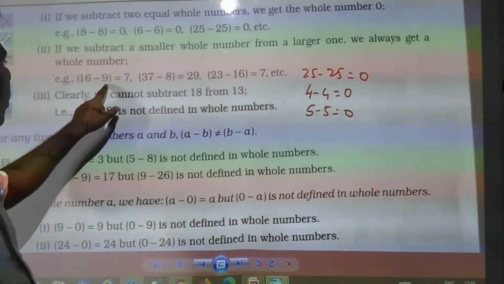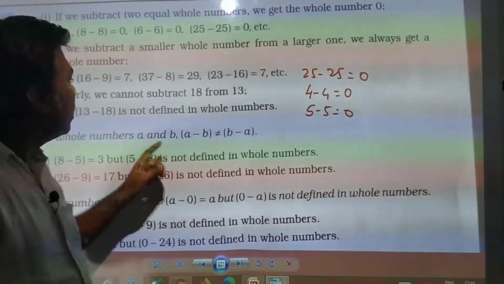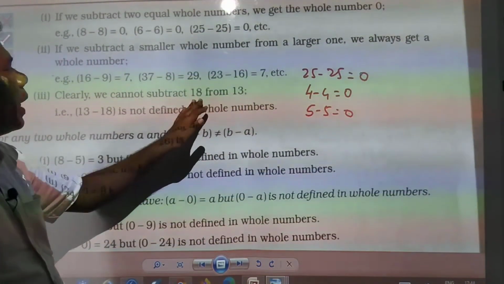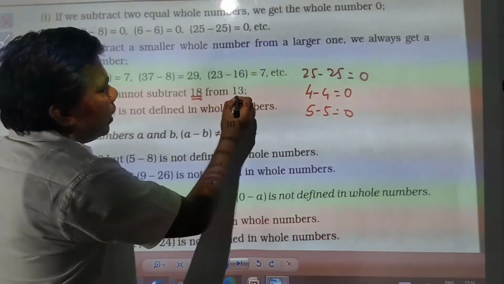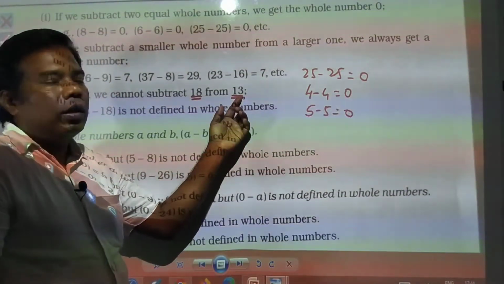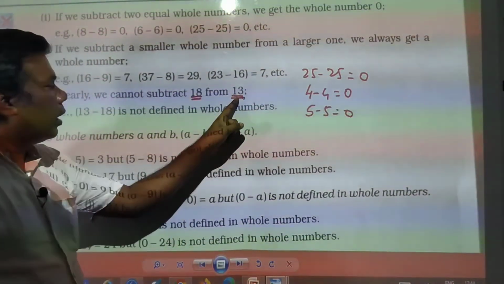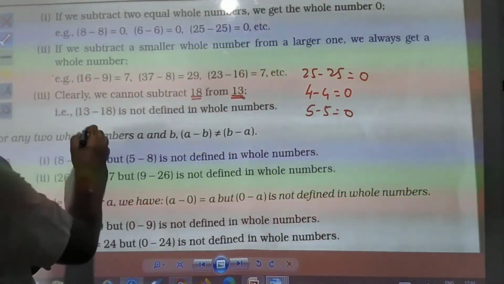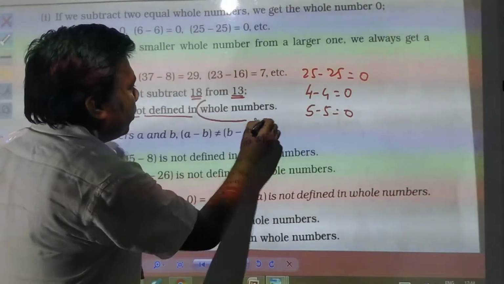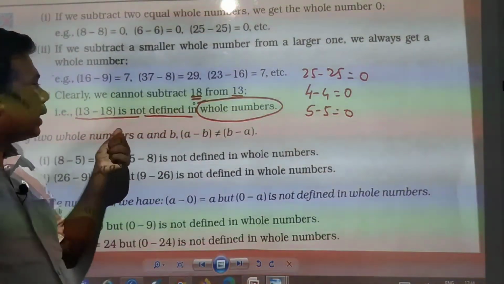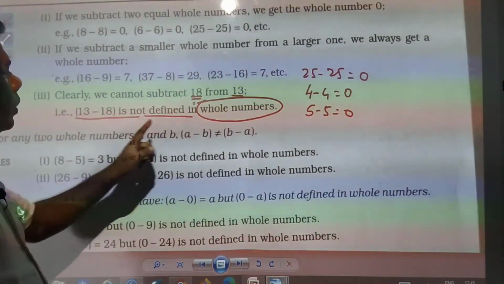From a bigger number, a smaller number is subtracted. What will you get? A whole number. Clearly, we cannot subtract 18 from 13 because 18 is greater and 13 is smaller. So a bigger number cannot be subtracted from a smaller number. So 13 minus 18 is not possible, or is not defined, in whole numbers. In integers that is possible, later you will study, but in whole numbers it is not possible.